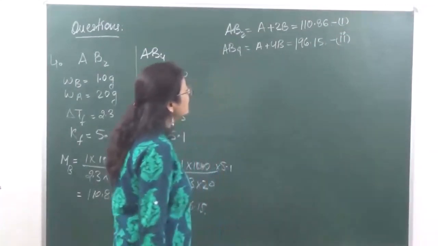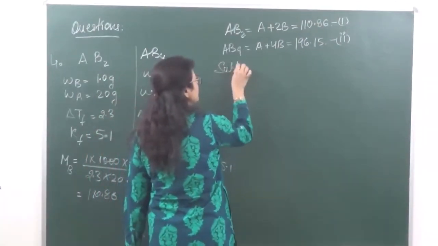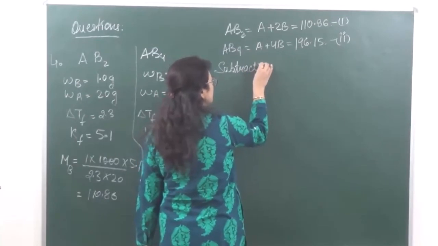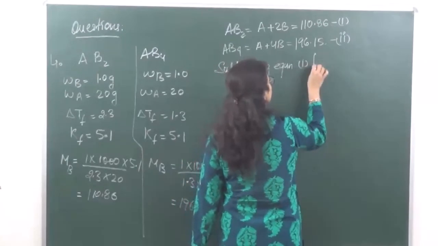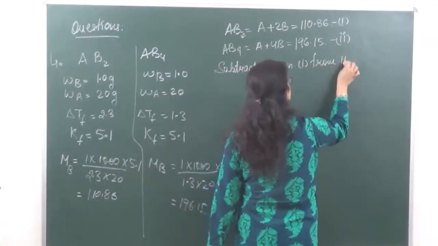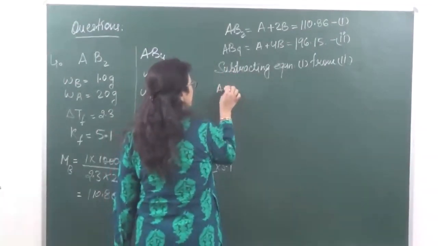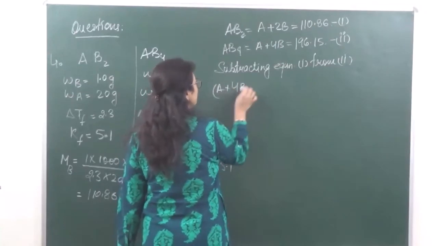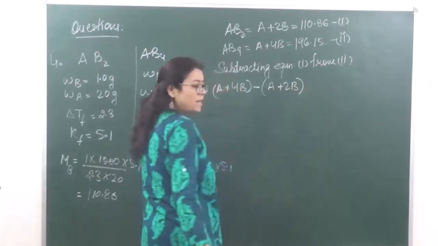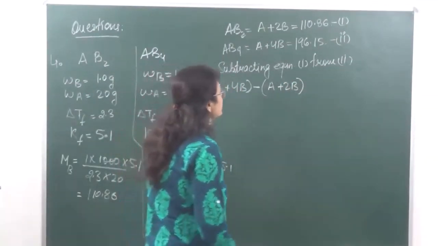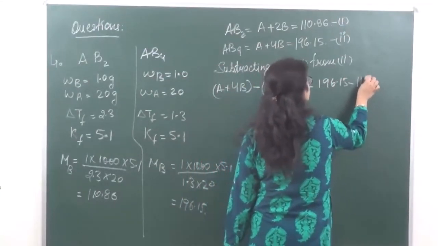So now you subtract equation 1 from equation 2. Subtracting equation 1 from 2, what are we going to get? A plus 4B minus A plus 2B is equal to 196.15 minus 110.86.